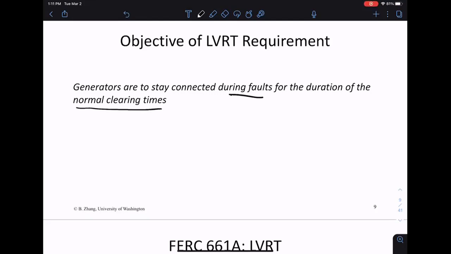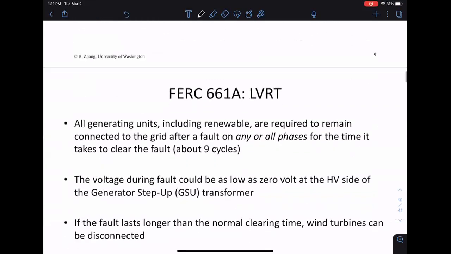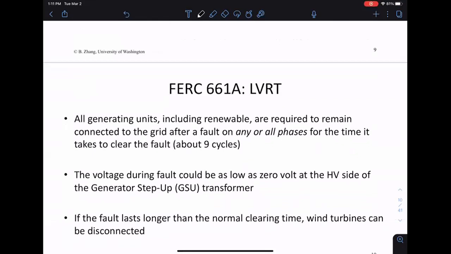And this is mandated by this FERC order. This order basically says, for 9 cycles, you have to be there. If you're not there, and they figure it out afterwards, then you basically get a fine. That's your problem for tripping offline.